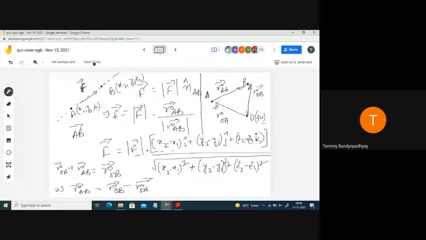So the best thing here is that this doesn't depend on the choice of the coordinate system. For such kind of problem, you can understand that O can be anywhere.